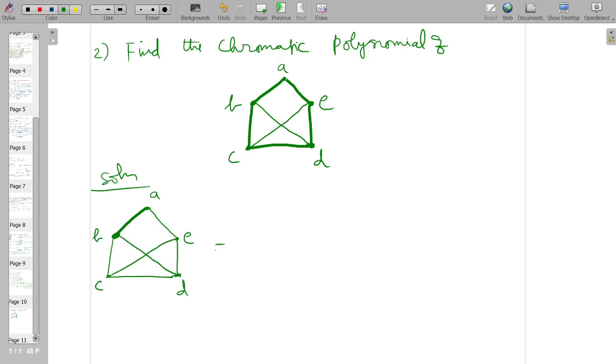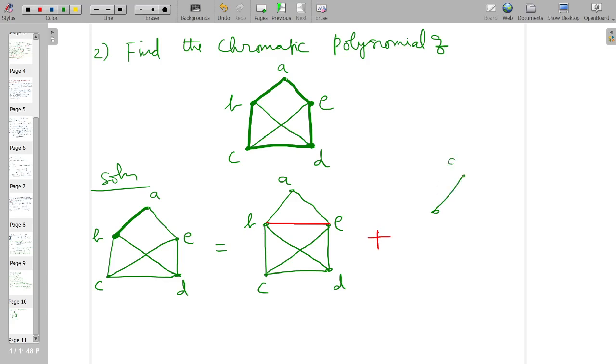This is the graph G. Now again I draw A, B, C, D, E. Join this BD, join this CE. Now I make these two, B and D, which were non-adjacent in G, adjacent here, plus. So again I have to fuse these two.